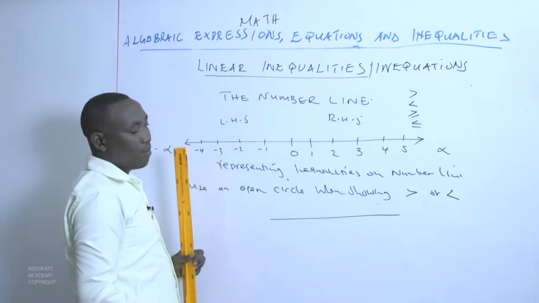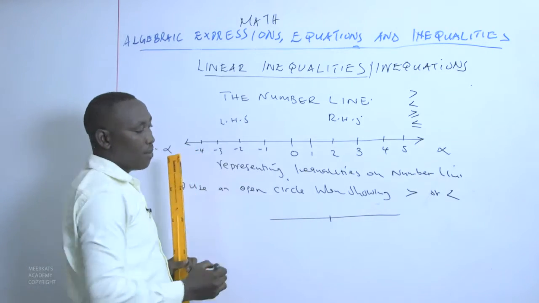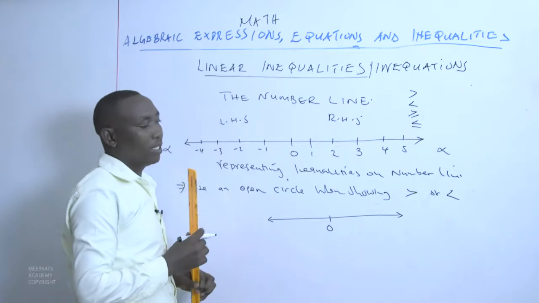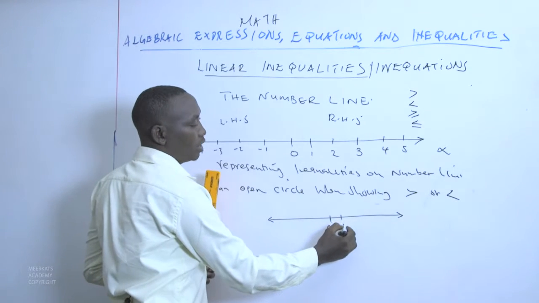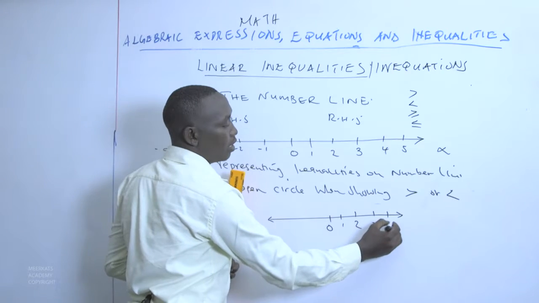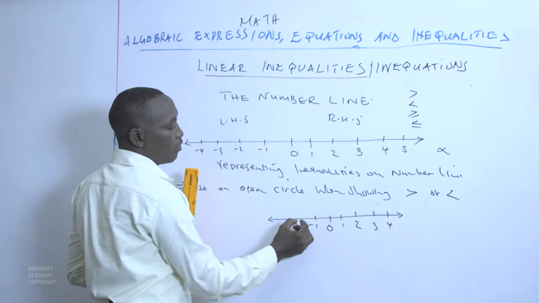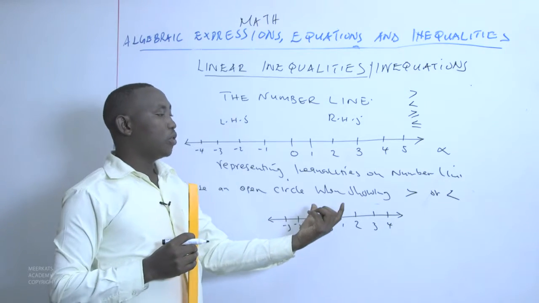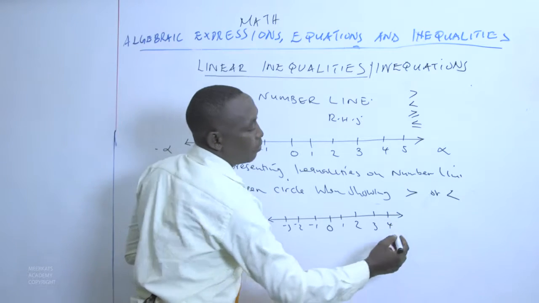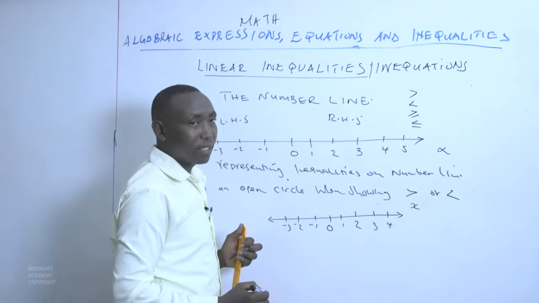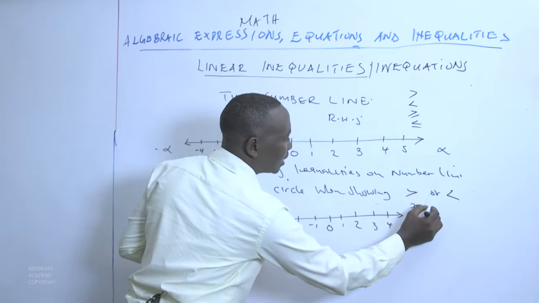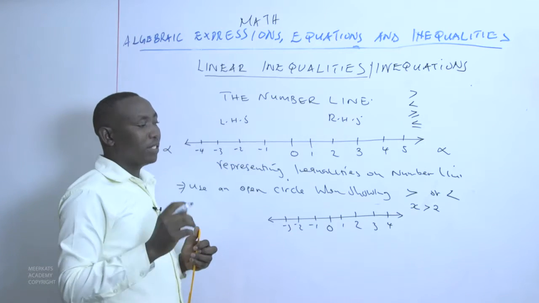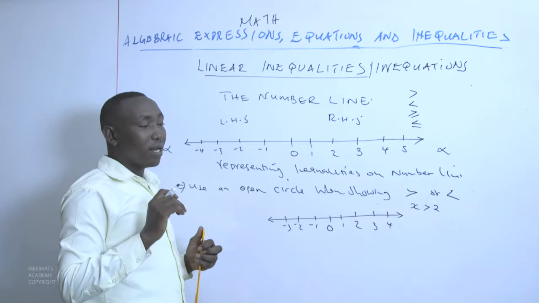If this is our number line, we have said that for it to be a number line, we must have the negative side and the positive side and the 0 included. Here we have the positive numbers 1, 2, 3, 4, etc., and -1, -2, -3. If we want to show, for example, a statement that x is greater than 2, we use an open circle.